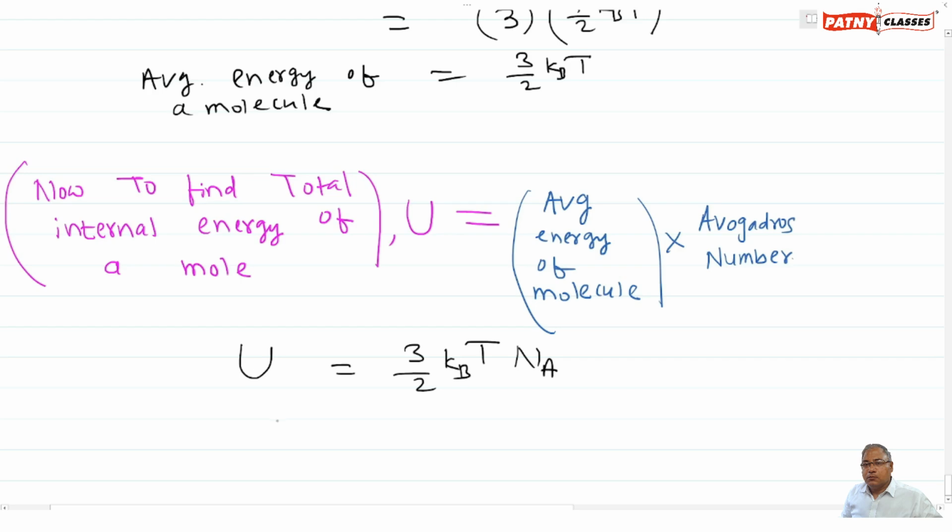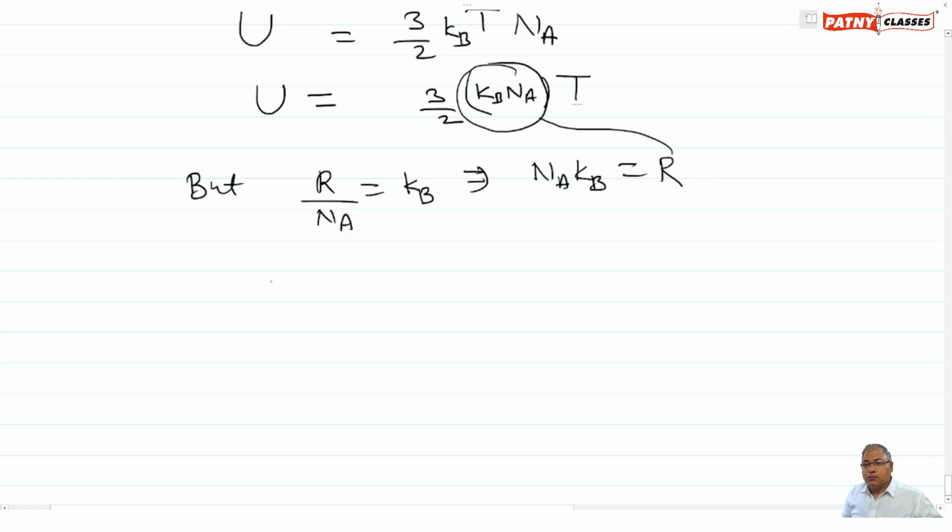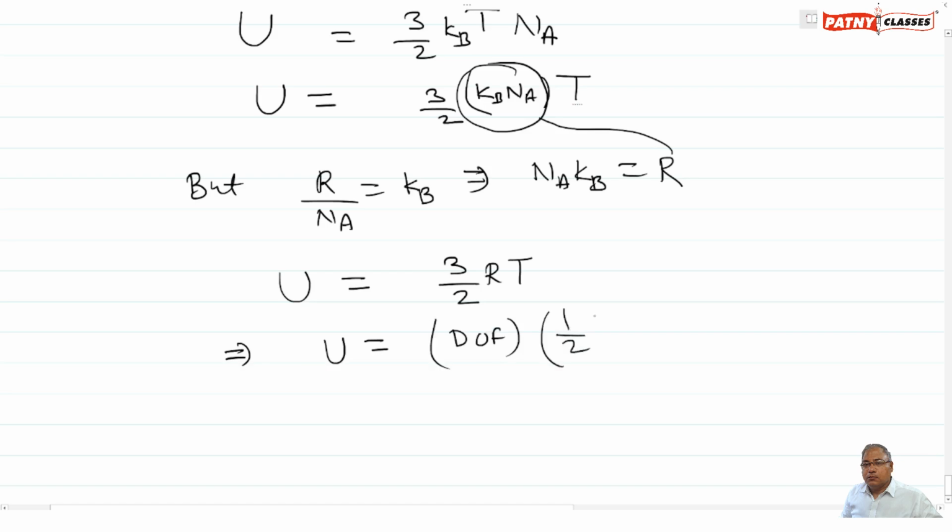Therefore, the total internal energy of a mole U equals 3 by 2 Kb multiplied by Na multiplied by T. But R divided by Na equals Kb, the Boltzmann constant, which implies Na multiplied by Kb equals R. Therefore, Kb Na can be replaced by R. So U equals 3 by 2 RT, which means U equals degrees of freedom multiplied by half RT.